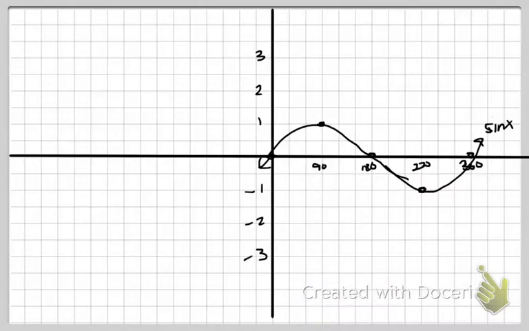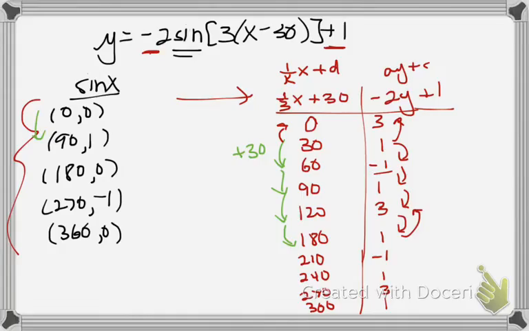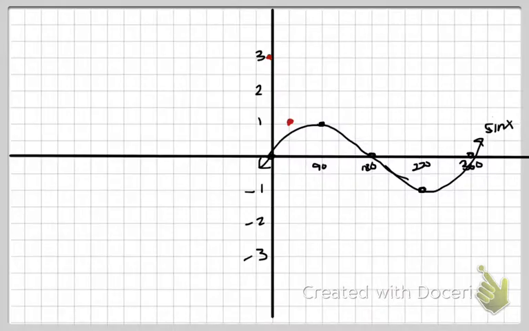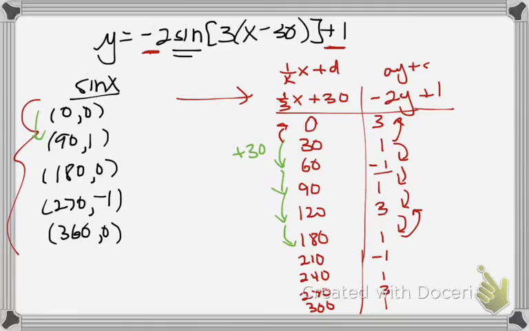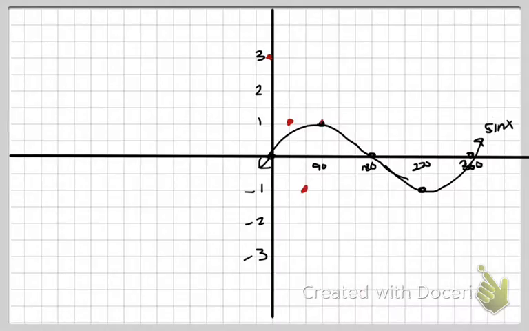So let's start with (0, 3). Then (30, 1). (60, -1). (90, 1). (120, 3). (150, 1). (180, -1). (210, 1). (240, 3). (270, 1).